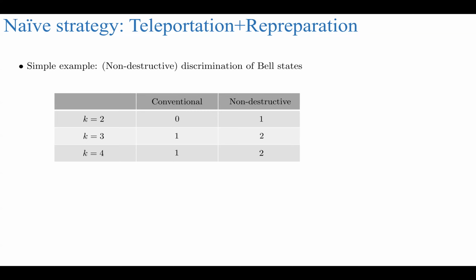And so for the conventional state discrimination task, here is the entanglement cost to achieve unit success probability. When K is 2, this cost is 0 because, as I said, any 2 states can be locally distinguished. For K equal to 3 and 4, the entanglement cost is 1, obviously, because we just use teleportation, consuming 1 ebit to localize.